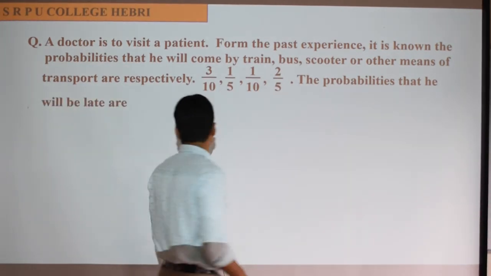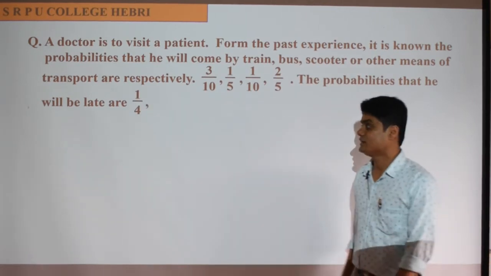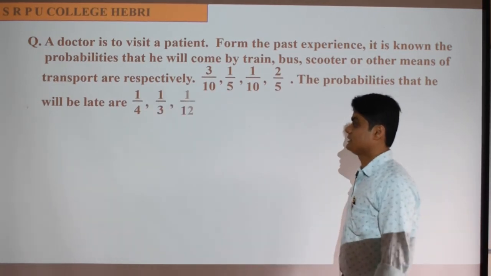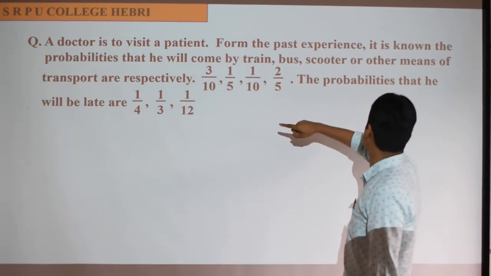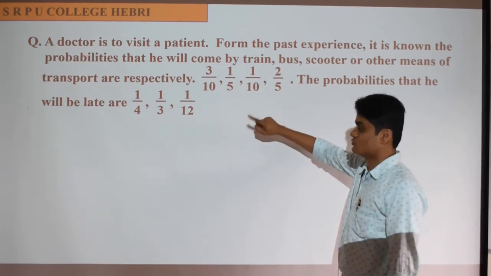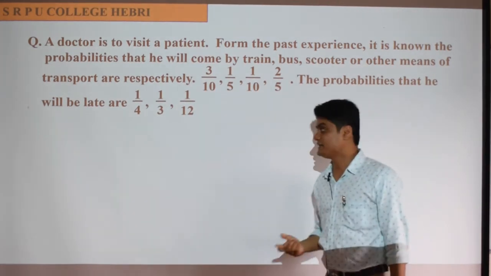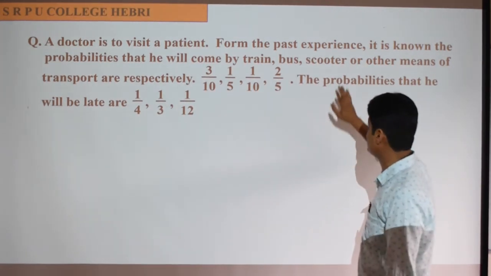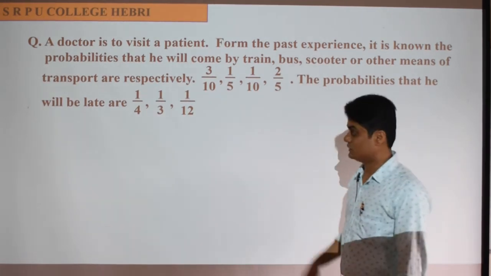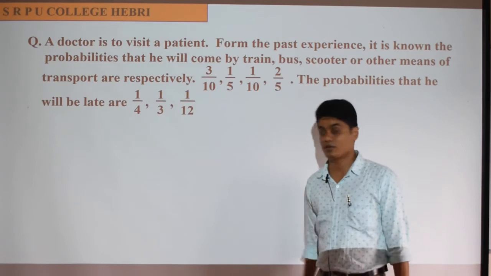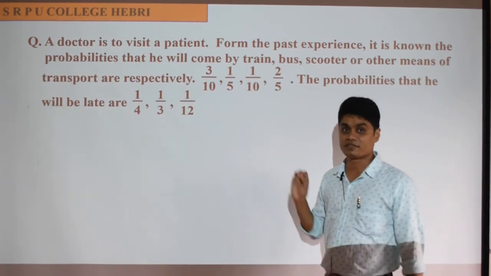Now the probability that he will be late is 1 by 4, 1 by 3, 1 by 12. If he comes by train, the probability that he will be late is 1 by 4. If he comes by bus, the probability that he will be late is 1 by 3. If he comes by scooter, the probability that he will be late to see the patient is 1 by 12. Actually one number is missing, another was needed, but see it is given.